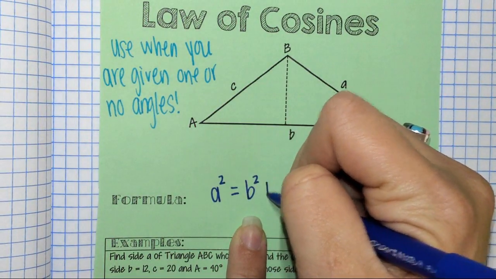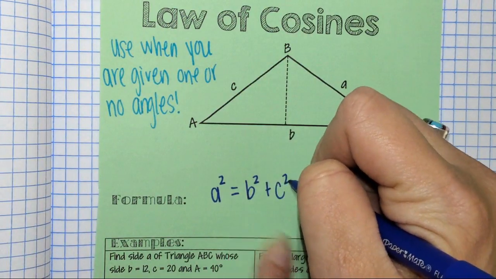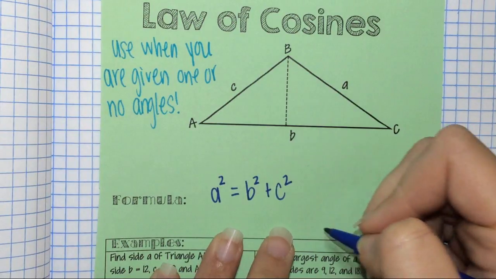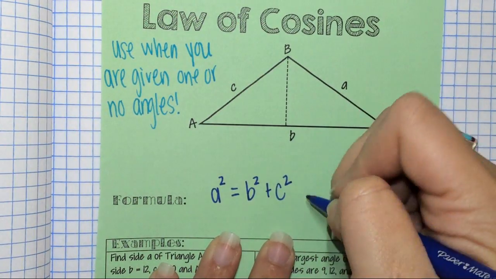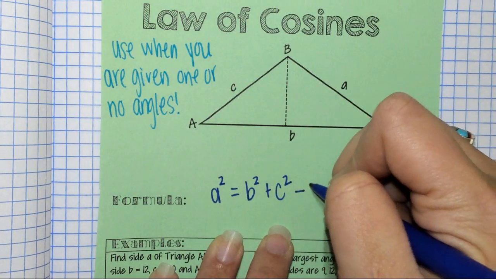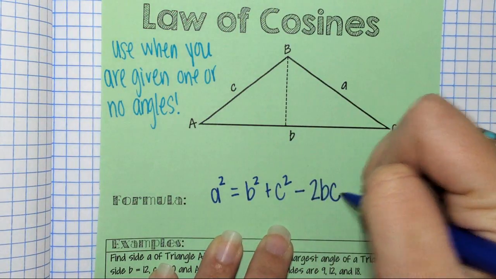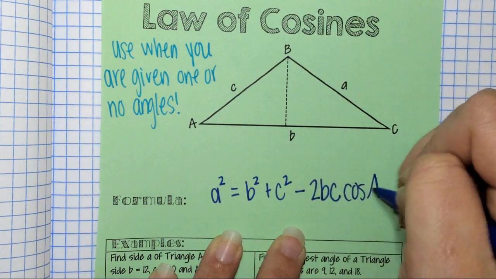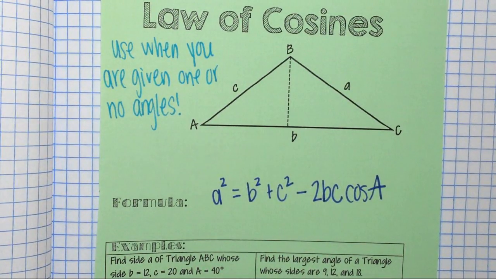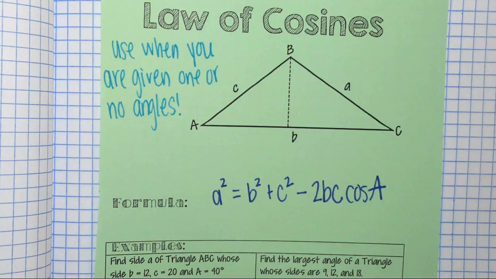B squared plus C squared, except minus, we're going to go crazy here, 2BC cosine A. So we all use one angle? Yes.